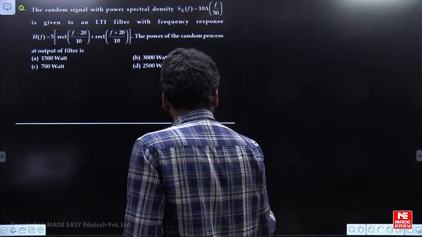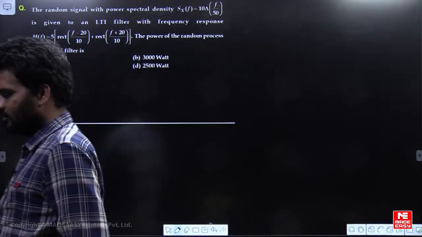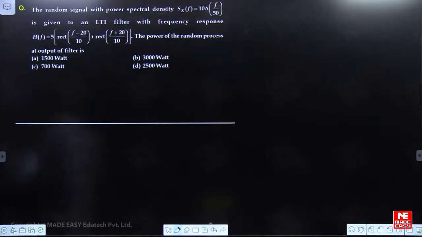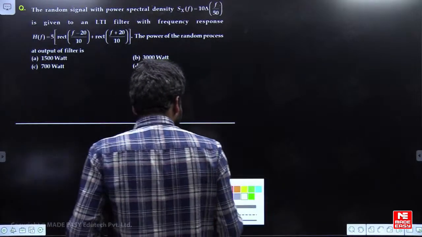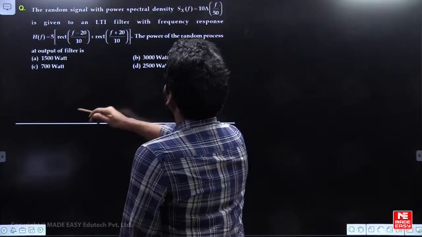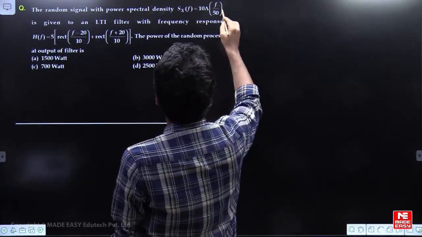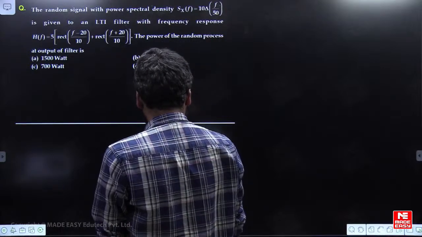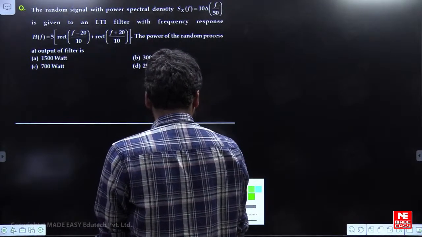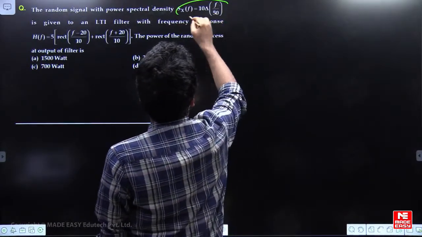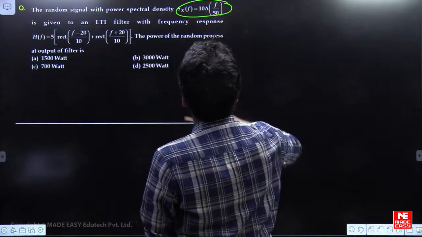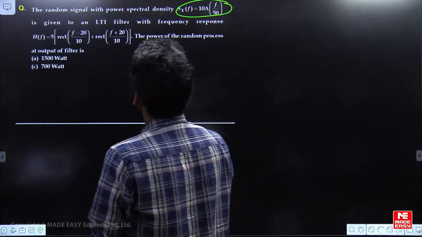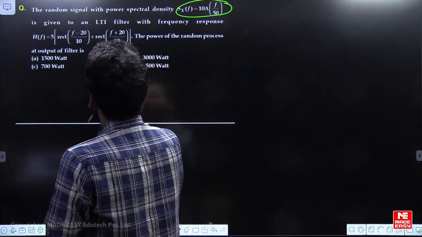Now if you see this question, a random signal with power spectral density Sx of f, given as 10 delta of f upon 50, is given to an LTI filter with frequency response.